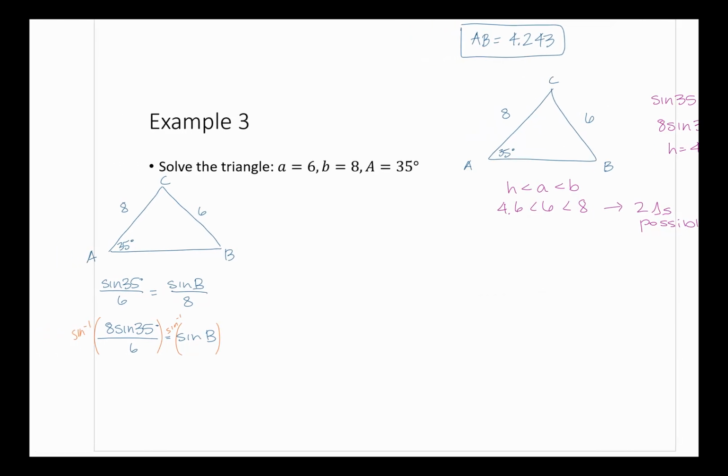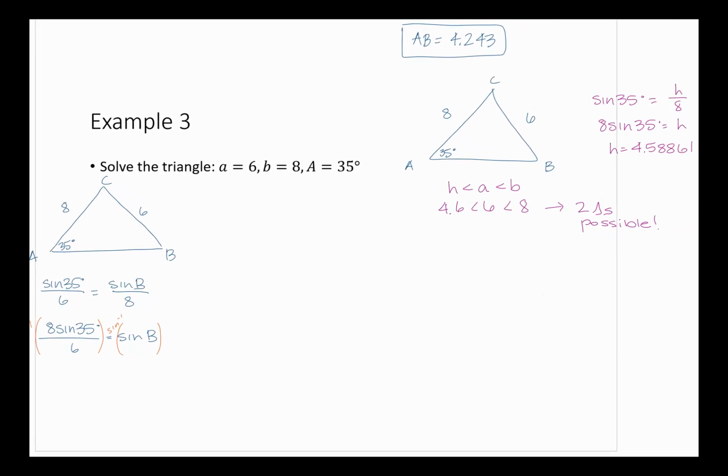So the inverse sine of 8 sine of 35 over 6 equals B. So we find out that B is going to be equal to 49.886 degrees. So again, if it helps you, write that in, 49.886 degrees.